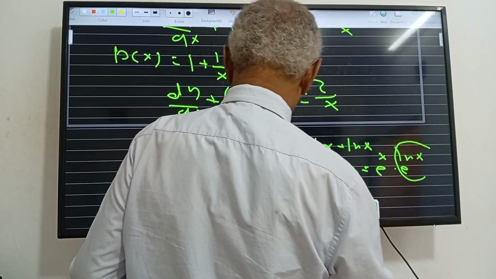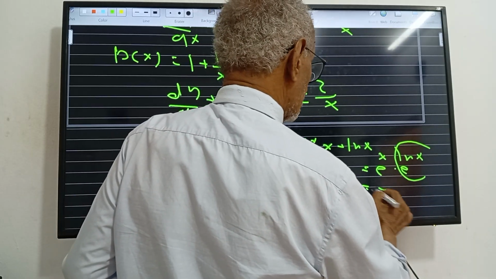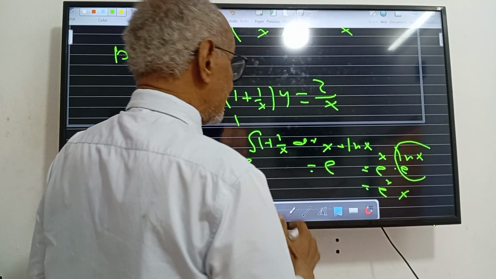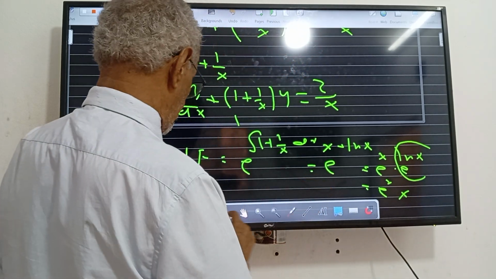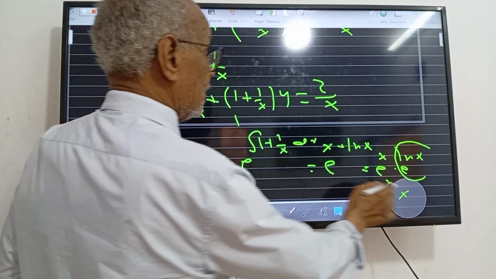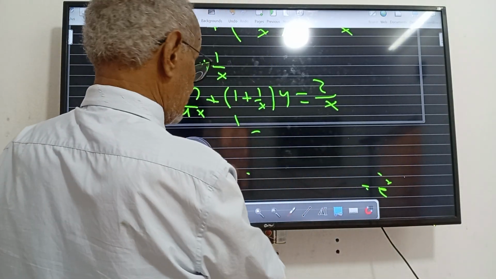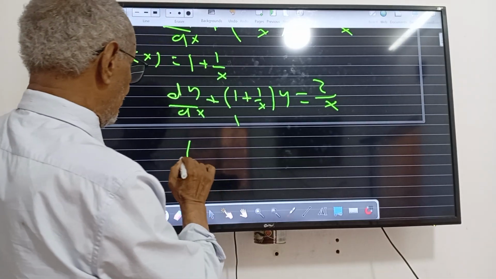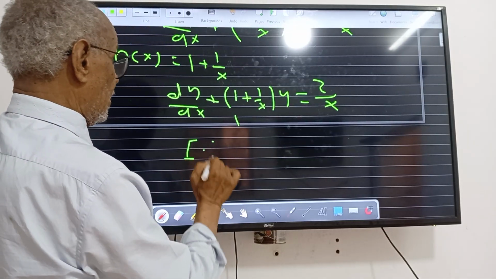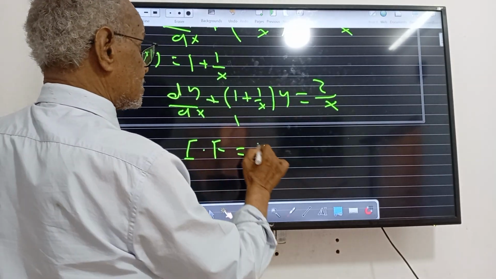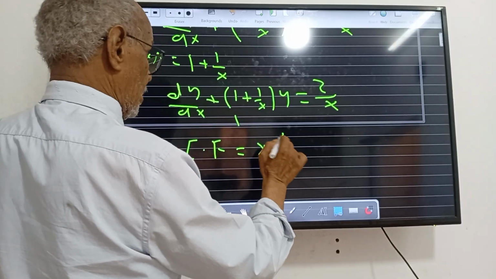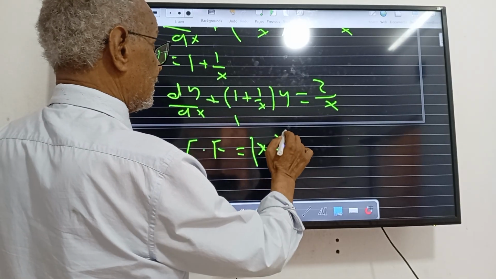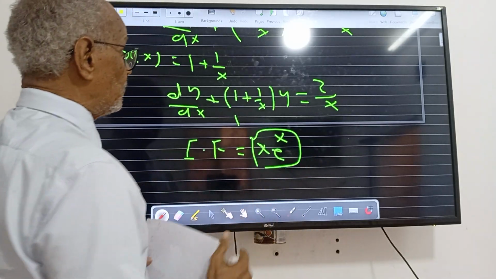So the integrating factor is x e to the power x. This is the integrating factor.